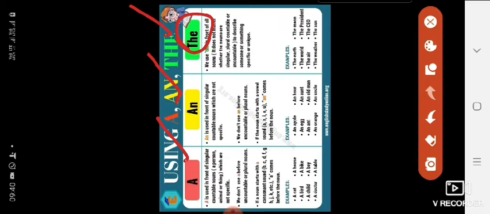For example, we use a and an in the indefinite subjects, in the indefinite nouns: a cat, a bird, a child, a doctor, a house, a bike, a boy, a table.